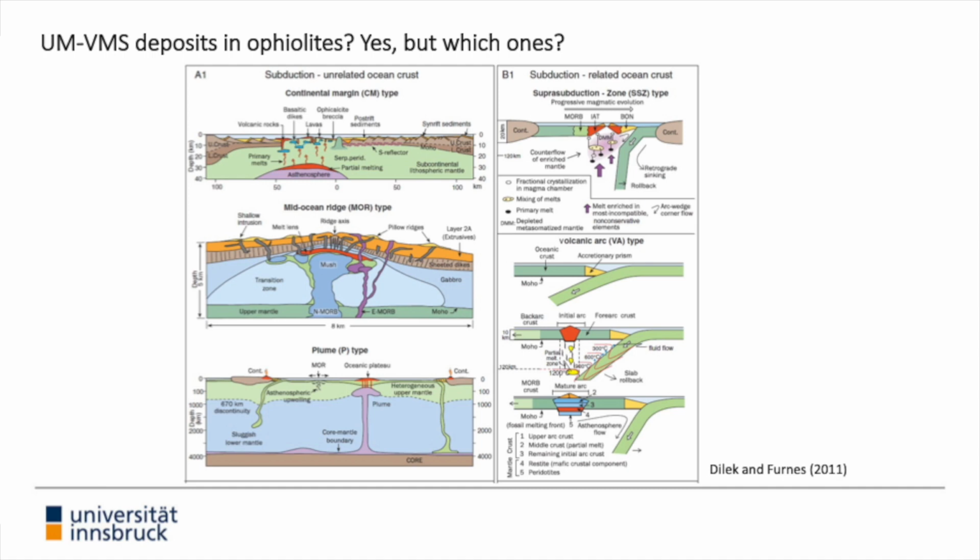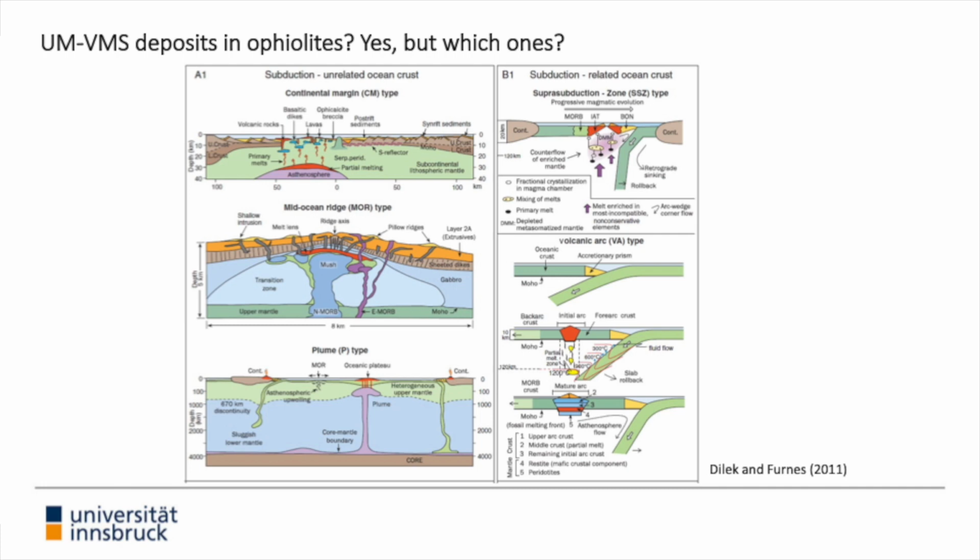When we did this work, we realized that a lot of these deposits were actually in different types of ophiolites. For instance, Rémi has been working a lot on the Platta, which is an OCT environment, while we have been working in Cyprus, where we also have this type of mineralization, which is a supra-subduction zone environment. So we're a bit curious about where we find these deposits in the geological record. We need to look a bit more in detail at the types of ophiolites in which these deposits are present.